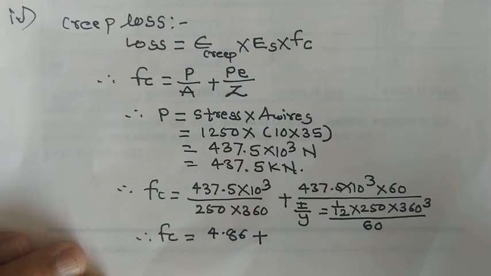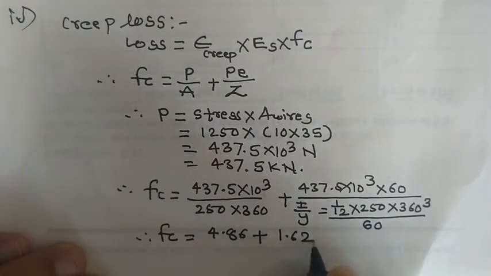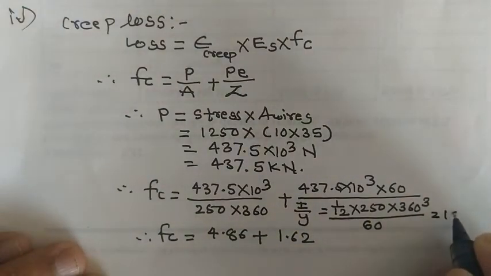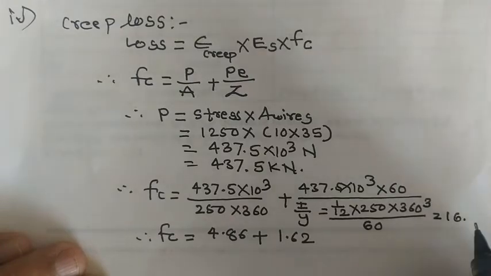Next is 437.5 into 10 raised to 3 into 60 into 60, divided by 1/12 into 250 into 360 cubed. So this value is 1.62. Let us check this value. 1 by 12 into 250 into 360 cubed, divided by 60, so only this value is 16.2 into 10 raised to 6.